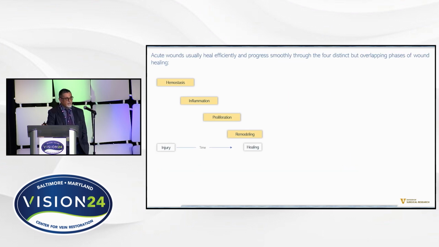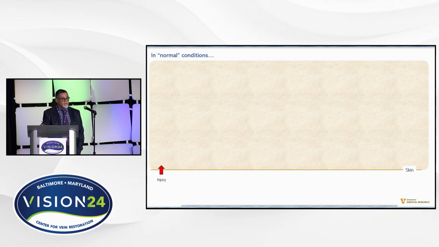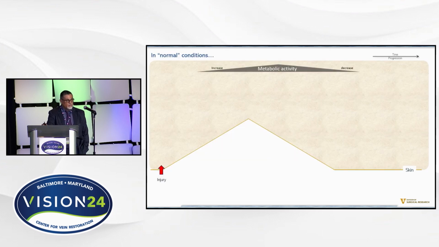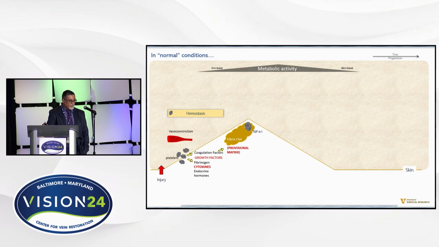The normal process of healing is set as hemostasis, inflammation, proliferation, and remodeling, four phases that go from injury to healing. If this is skin, and this triangle represents an ulcer, I will try to quickly put the main phenomena of repair. Platelets, as the main driver at the very beginning, lead the hemostasis phase with the production of coagulation factors, growth factors, and fibrinogen, leading to the production of the fibrin clot that we can see in the ulcers.